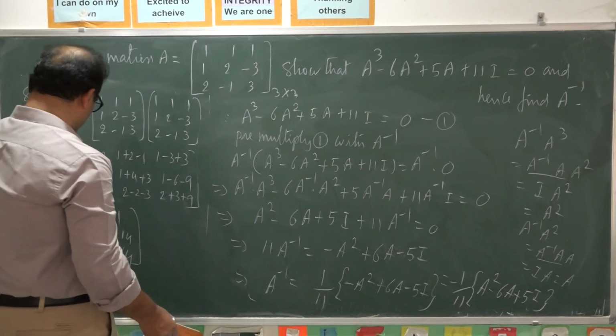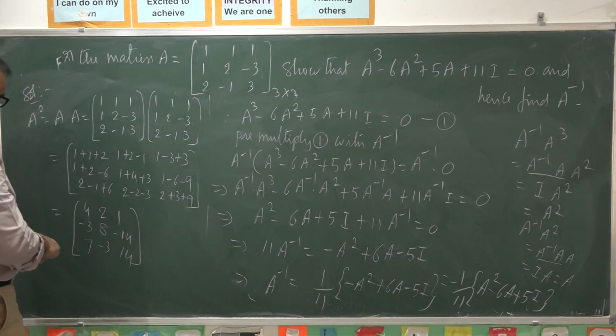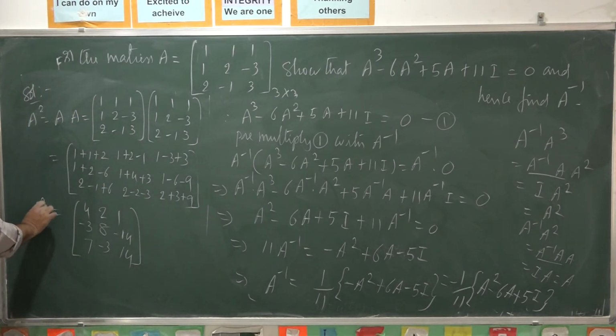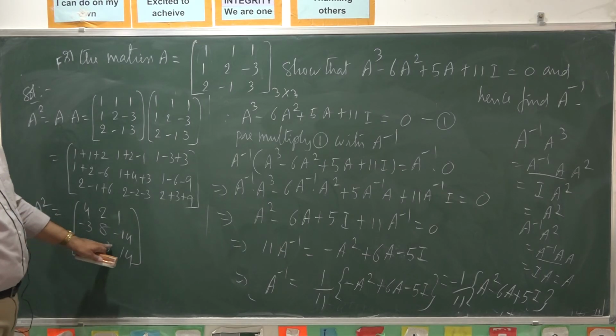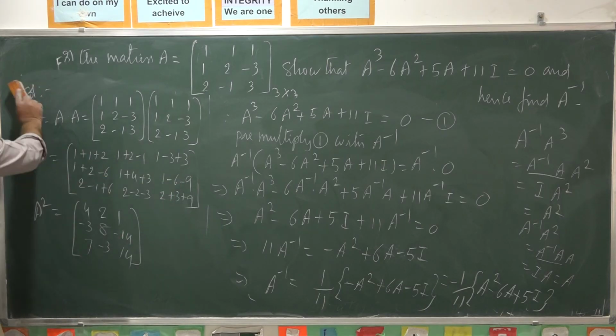We already found A square value. What is A square? 4, 2, 1, minus 3, 8, minus 14, 7, minus 3, 14. Substitute A square value in that.